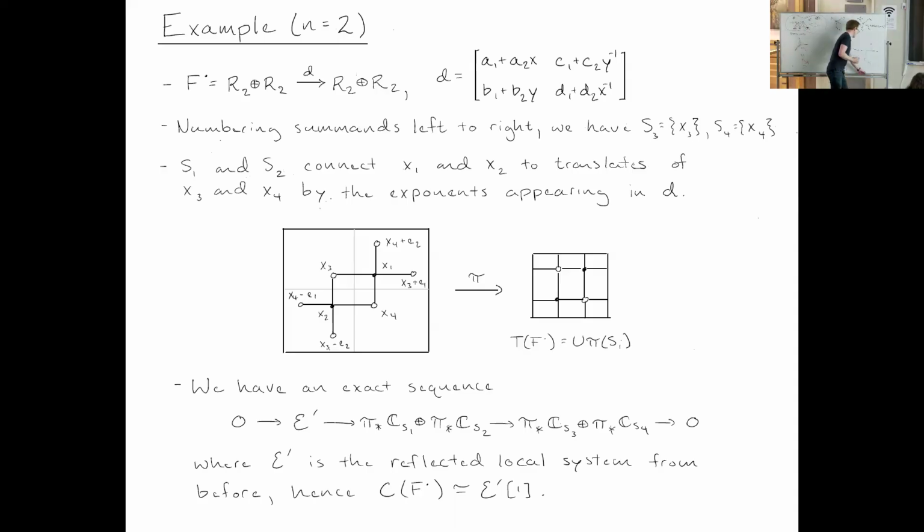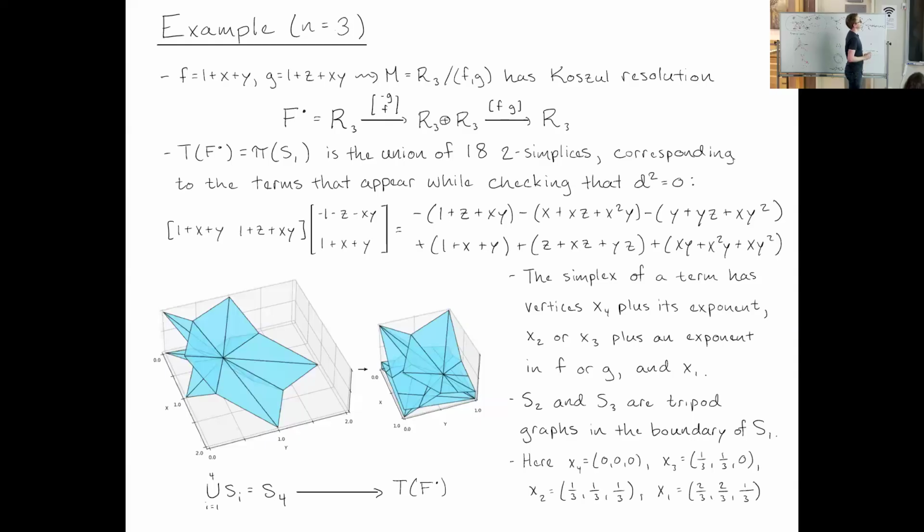But in this uniform way, now you can input any other resolution. And here's a picture of what you get out when you input a resolution, the Koszul resolution for a point in C star cubed. Without going through the details here, now you're going to get out a two-dimensional picture, now that you have a length 2, well, a 3-term resolution.